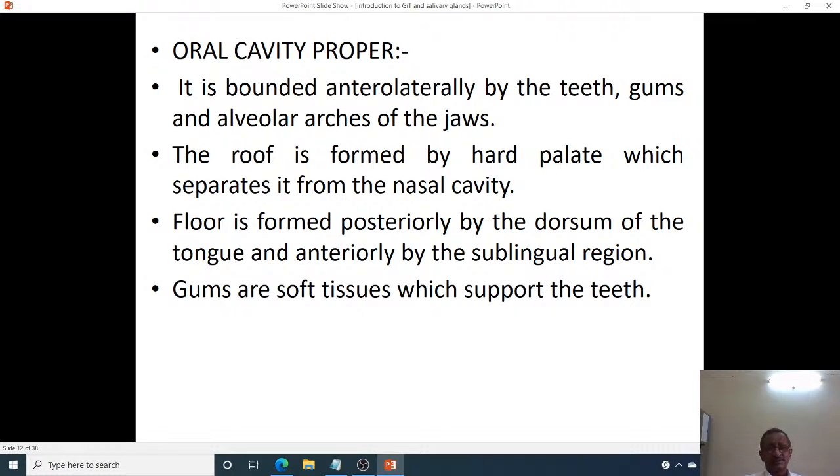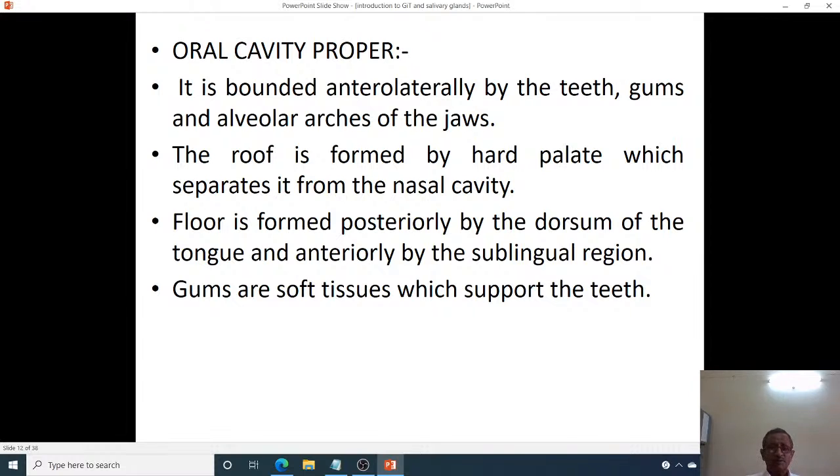Oral cavity proper. When we open the mouth, that is the oral cavity proper, it is bounded anterolaterally by the teeth and gums and alveolar arches of the jaw. So the oral cavity is bounded by teeth, gums and alveolar arches of the jaws on either side. The roof is formed by the hard palate, which separates it from the nasal cavity.